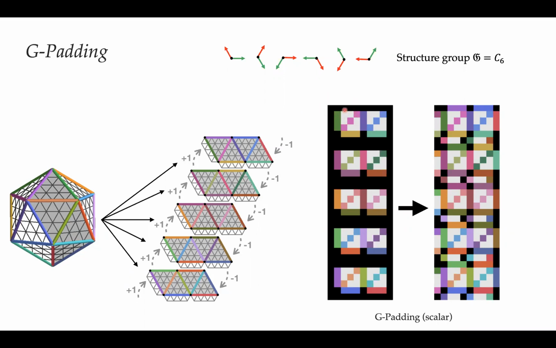So what we do to alleviate that is to pad, because the pixel that neighbors the border pixel is also present in some other chart somewhere in this array. So we simply copy over those values, and when they are not scalars, we additionally have to take into account the gauge transformation between those two charts.